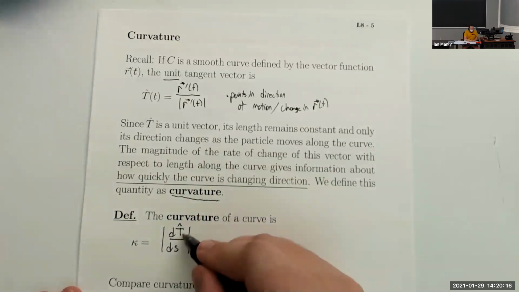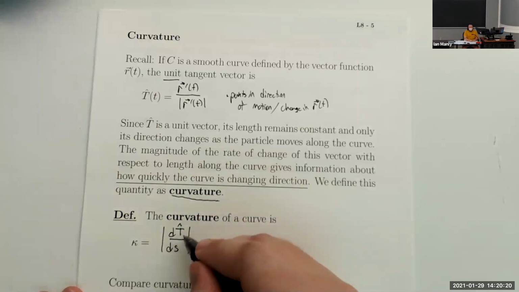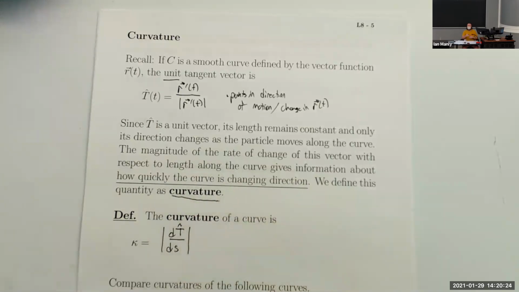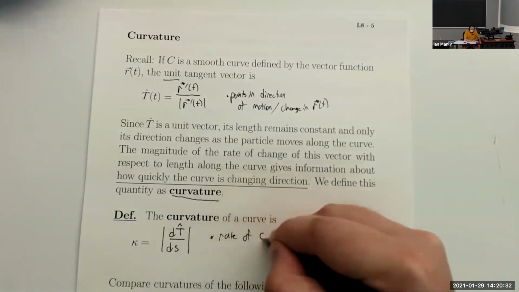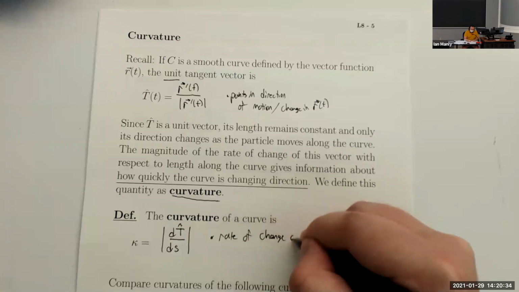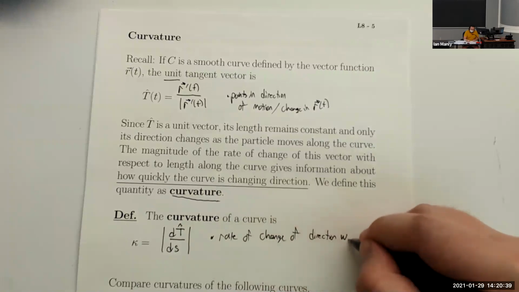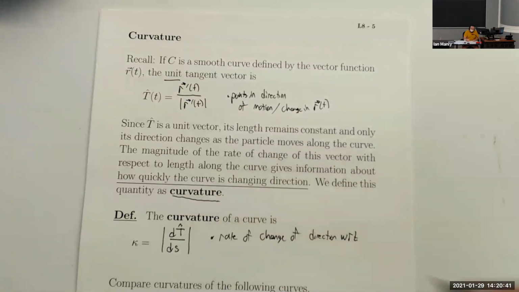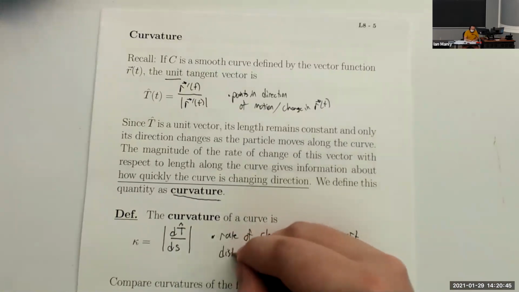So this is telling you, like, if you go a certain distance along your curve, how much is the direction you're going in changing. It's not how you go a certain amount of time along your curve, it's a certain amount of distance. Okay, so this is the rate of change of the direction with respect to, so I'm going to use that WRT notation here, with respect to distance.